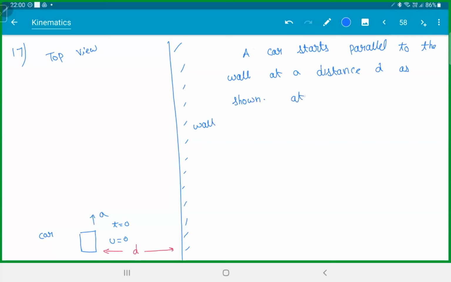So at t equal to 0, the driver sounds the horn, once only, it's not like a siren. He just presses the horn once, and at the same time he accelerates also.